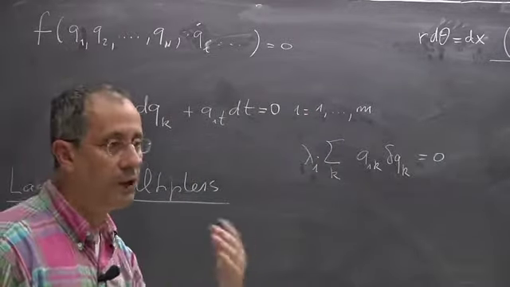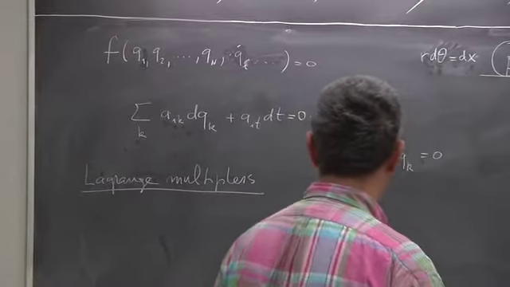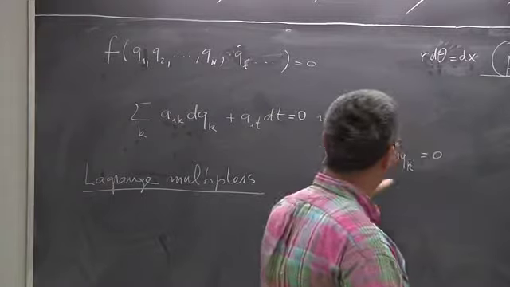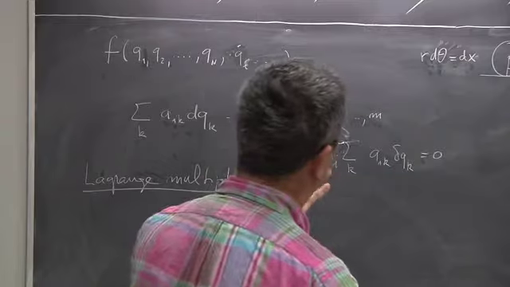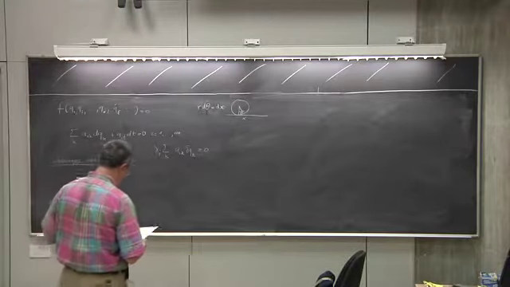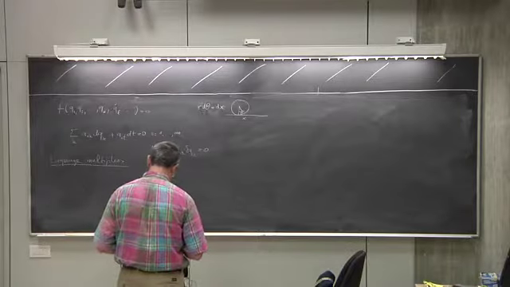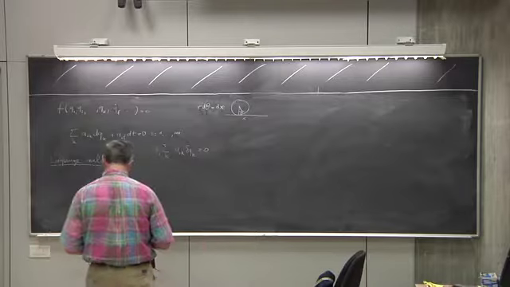So I'm introducing a new unknown that is this constant, okay? But because of this property, you see this goes into the Lagrange equations that I derive exactly by applying this virtual displacement in the equations.